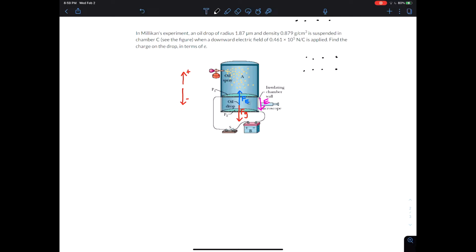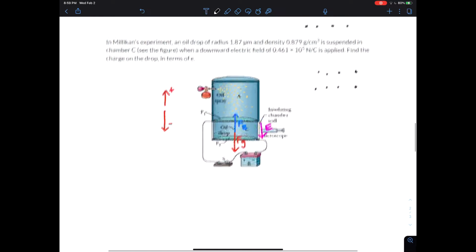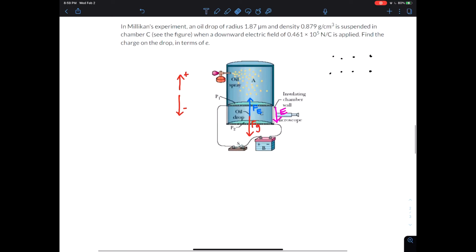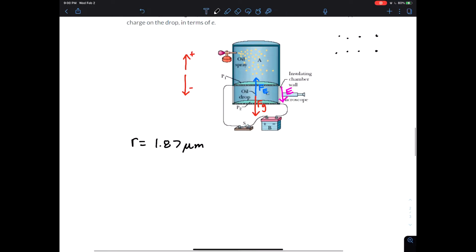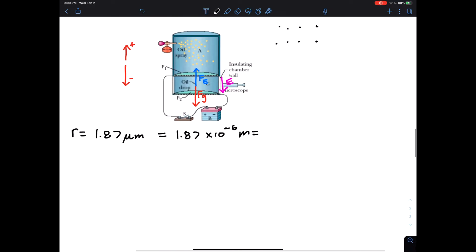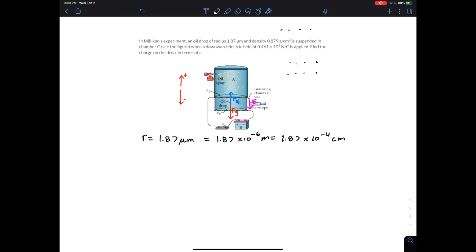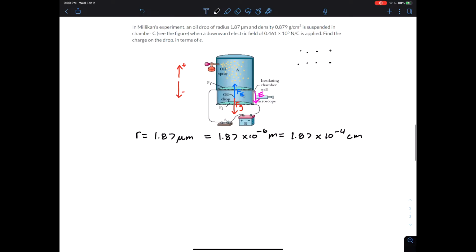Now, let's write down the given values here. The radius of the drop is equal to 1.87 micrometers, which is also equal to 1.87 times 10 to the negative 6 meters, or 1.87 times 10 to the negative 4th centimeters, because our density is in centimeters, and this will just be easier.